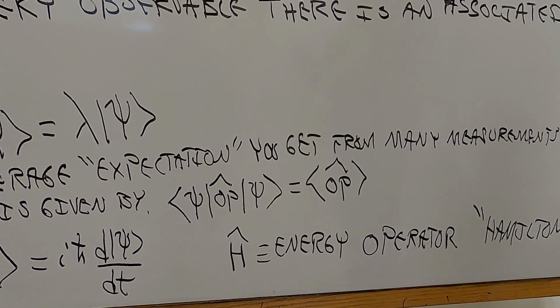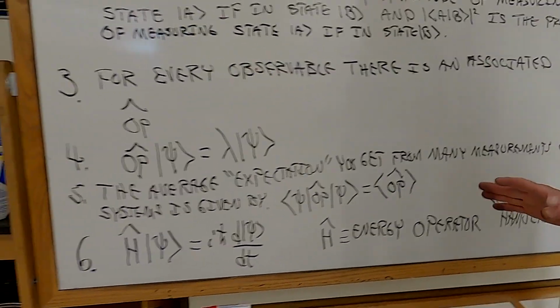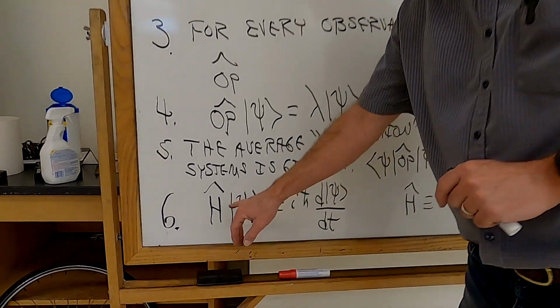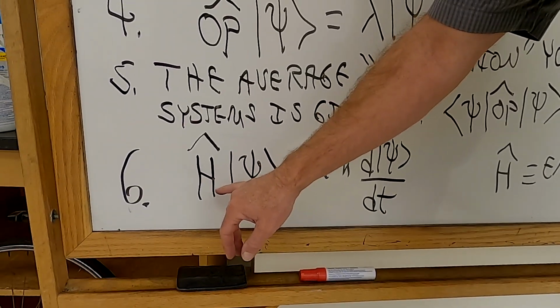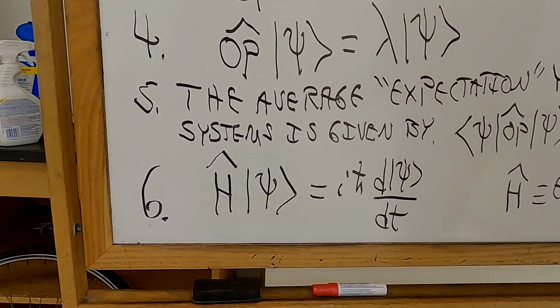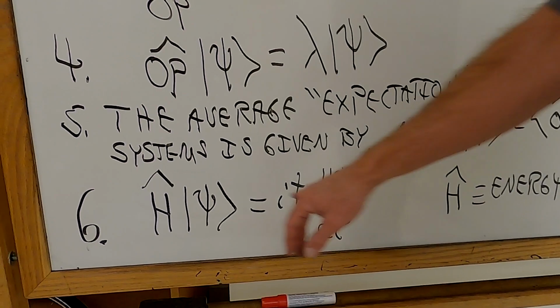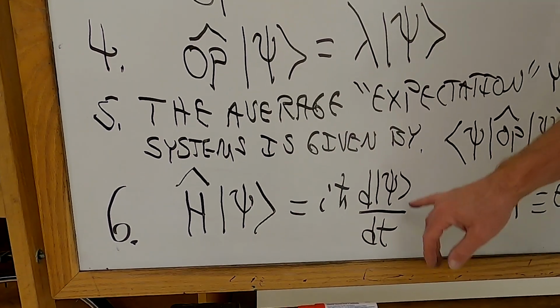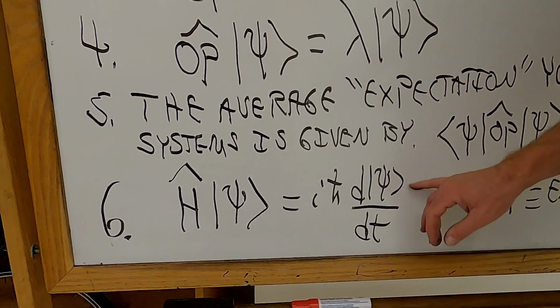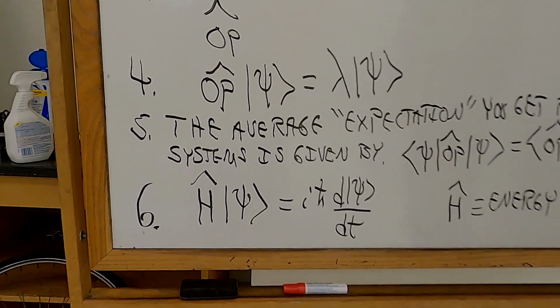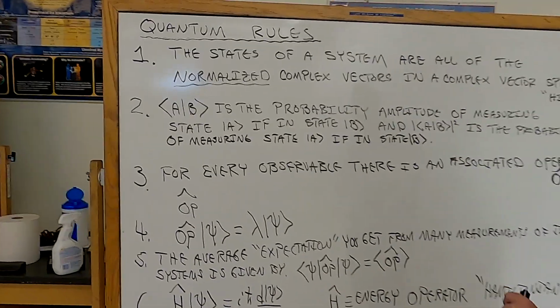And then this last one, which we won't use for a little bit of time, says if we operate H, which is the energy operator called the Hamiltonian, on our state psi, this tells me how the state changes with time. So we'll worry about that more later.